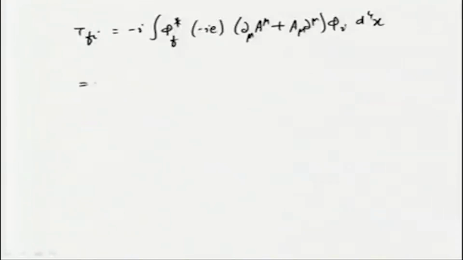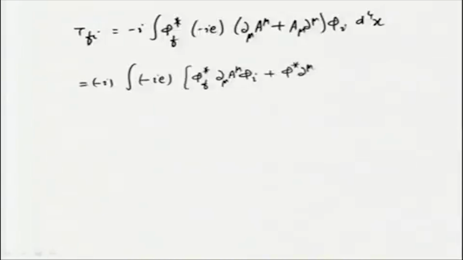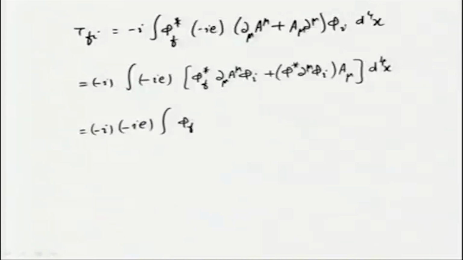equal to minus i integral minus i e, phi star ∂_mu (a^mu phi I) plus phi star a^mu ∂_mu phi I. The first term I will write as minus i e phi f star ∂_mu a^mu.